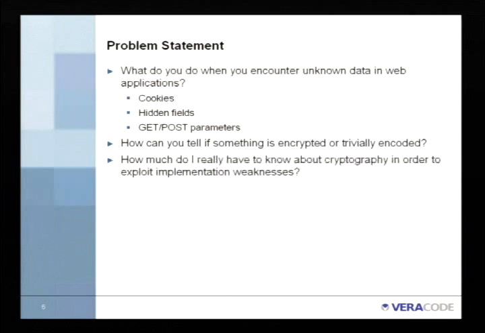The other question: how much do I really have to know about cryptography in order to exploit crypto implementation weaknesses? I'll answer that one now: not very much. If you know what some of the common weaknesses are, you really don't have to understand too much about crypto. It comes down more to pattern recognition and some basic high-level analysis techniques to recognize some of those flaws.